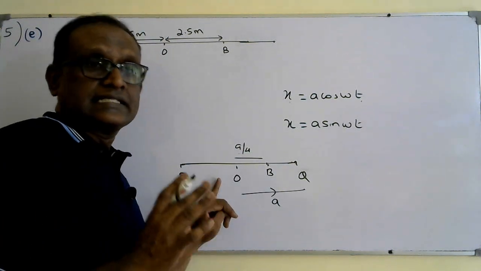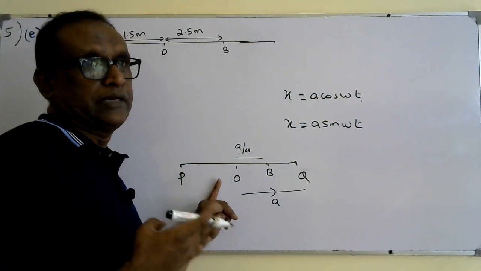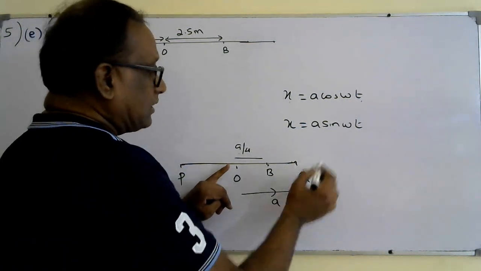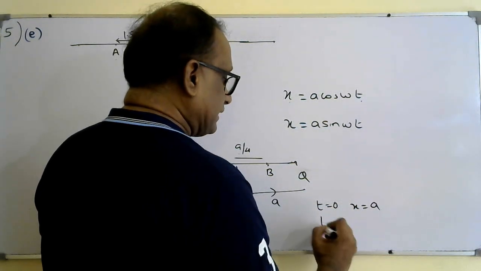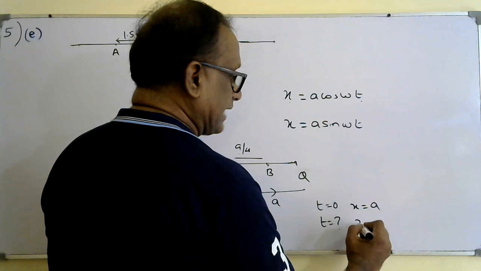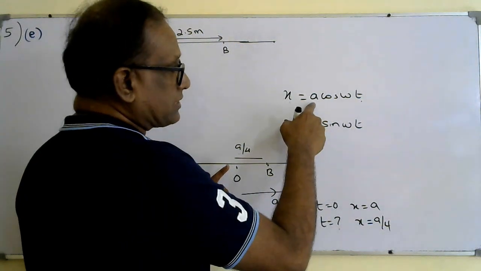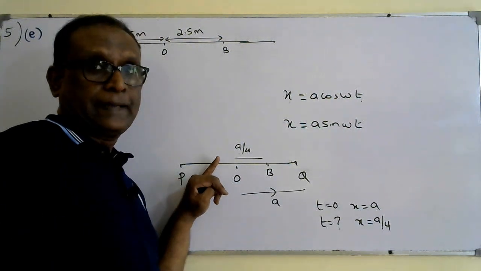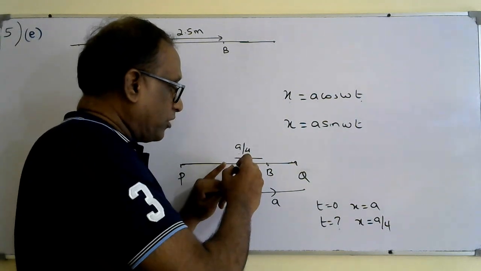Careful, in simple harmonic motion the displacement is measured from the equilibrium position. So when t equals 0, x equals A. They can ask, what's the time when x equals A by 4? If they ask that question, you have to use x equals A cos omega t. Remember that displacement is always measured from the equilibrium position.